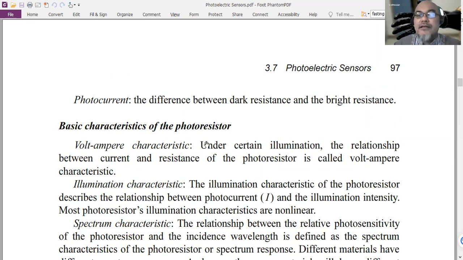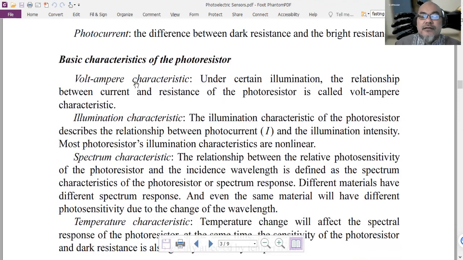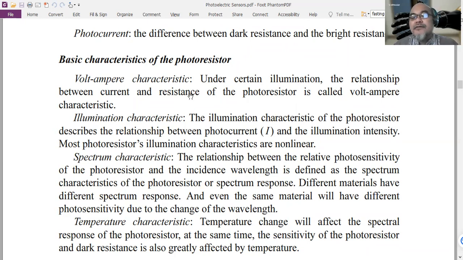So when you see the datasheet of a photoresistor, you can see the volt ampere characteristic: how under a certain illumination, the relationship of the current versus voltage will change, and this is called the volt ampere characteristic. And there is the illumination characteristic, the relationship between the photocurrent and the illumination intensity.